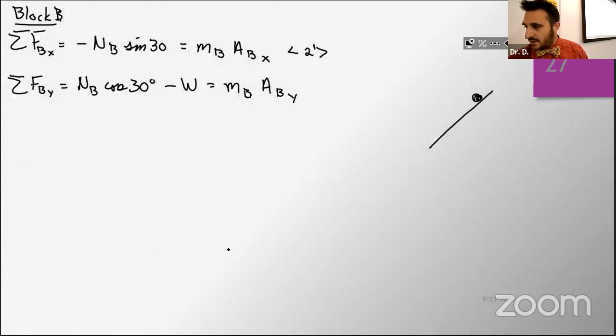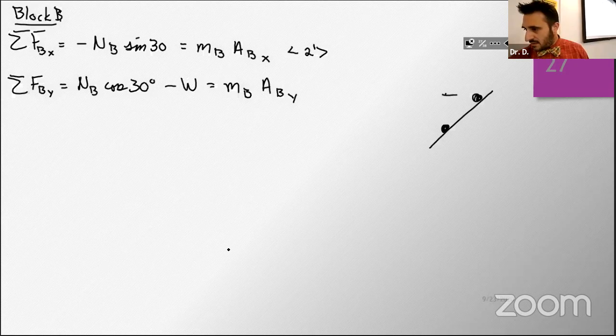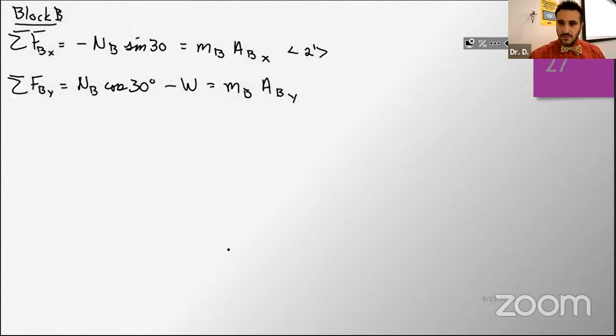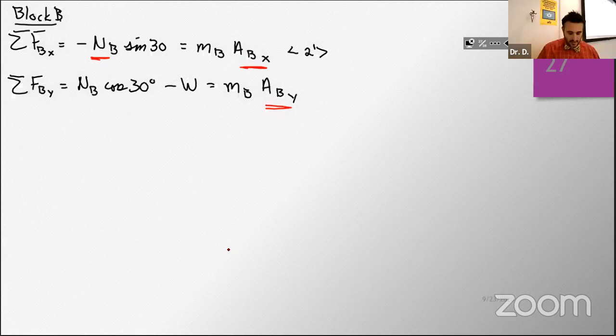If I start here and slide down to here, I've changed my Y position, so there is some acceleration in the Y. You can't assume that's 0. So how many unknowns? This is unknown, this is unknown, this is unknown. That's going to be problematic, because now I've got 4 unknowns but only 3 equations.